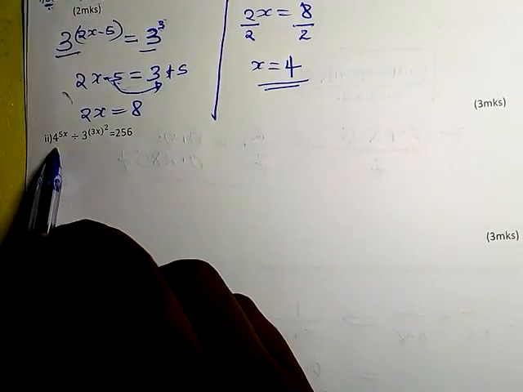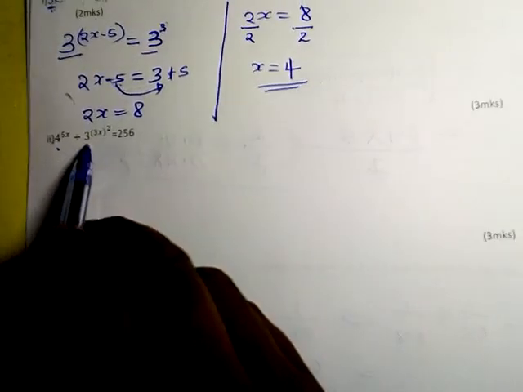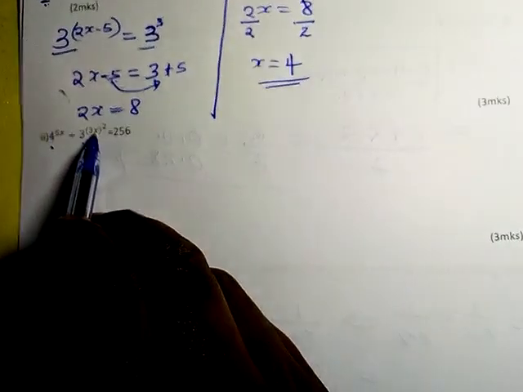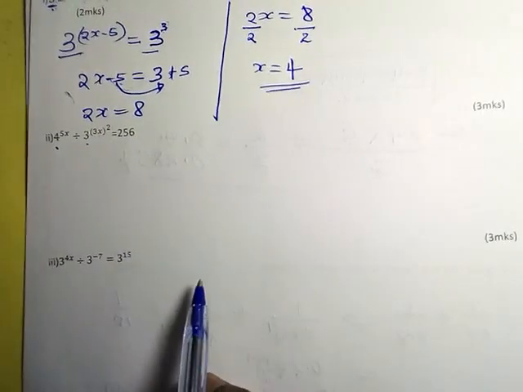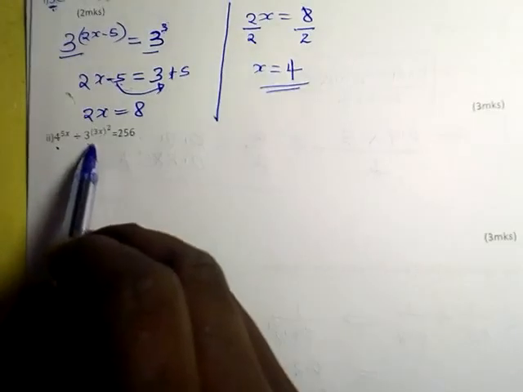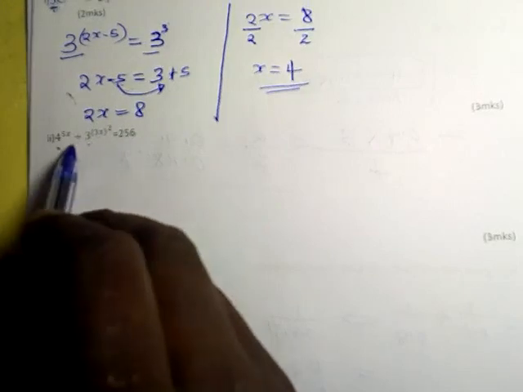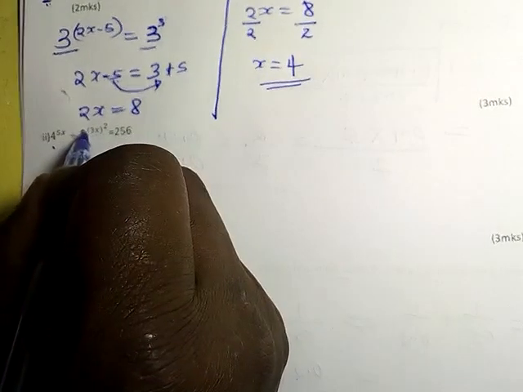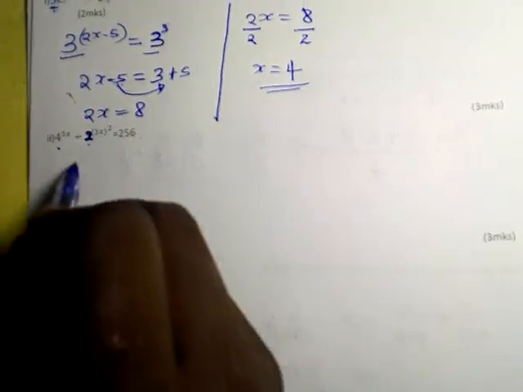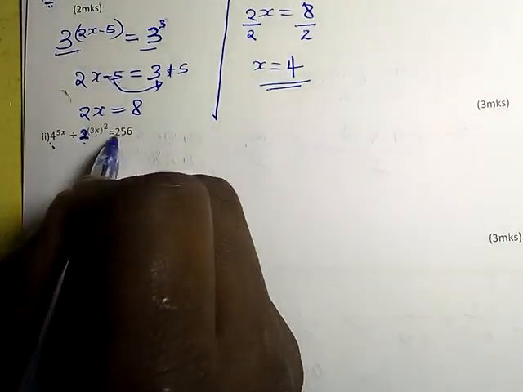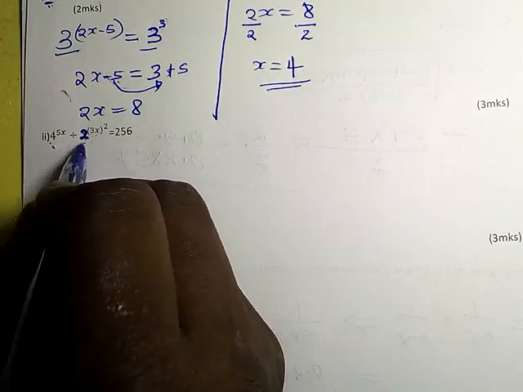We have another one here, 4 raised to power 5x divided by 2 raised to power 3x squared, equal to 256. Here there was a mistake, this one is supposed to be 2, not 3. So now we have 4. The bases are different, therefore let us ensure the bases are the same.